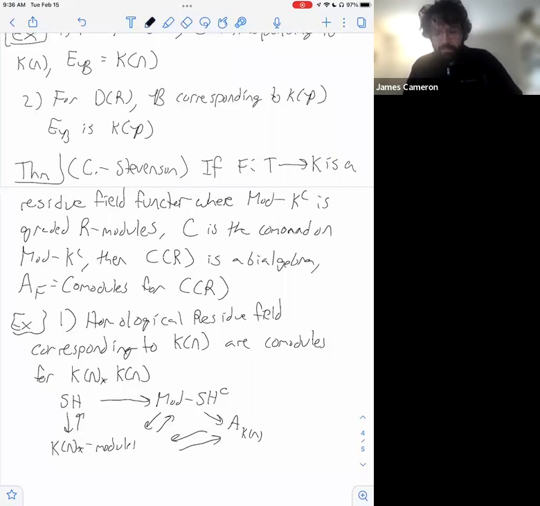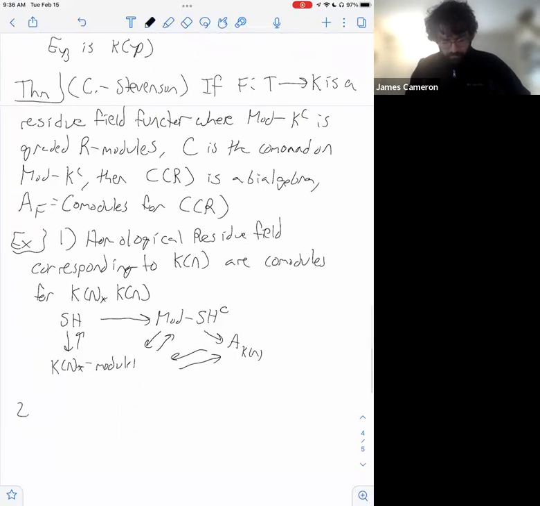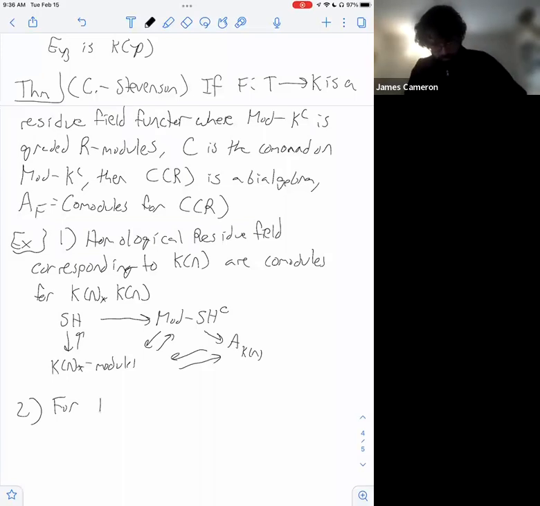Okay, and then the exact same story, just the same picture here, works for the derived category of a ring, and I'll mention that separately. So for this map, let's say I have this tensoring down to the residue field here.